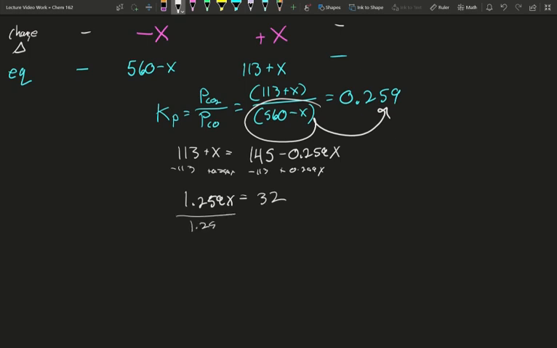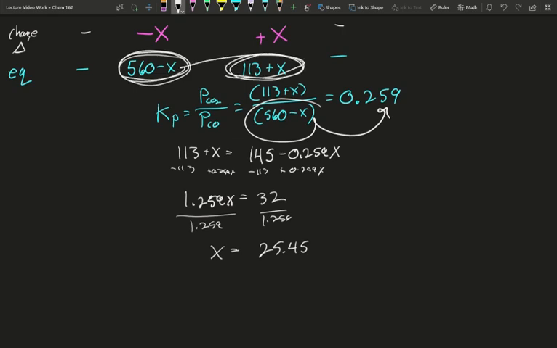Divide by 1.259, divide by 1.259. X must be equal to 25.45. The only value that, if I removed it from 560 and added it to 113, when I divided them would give me a ratio of 0.259, is this.